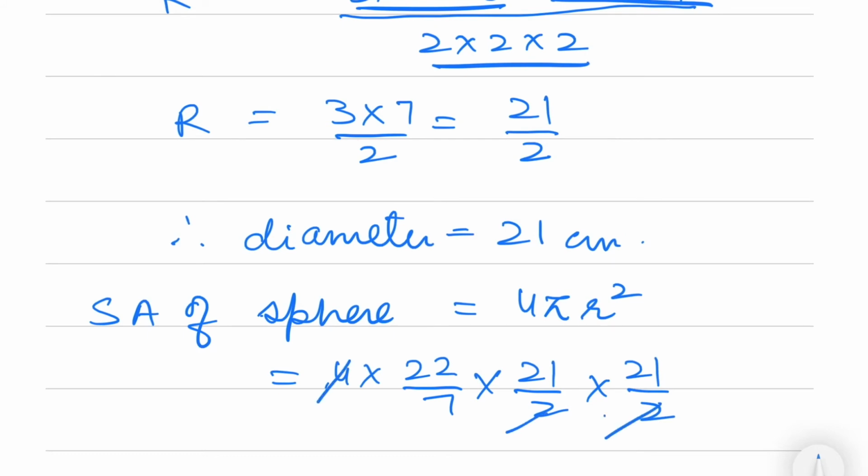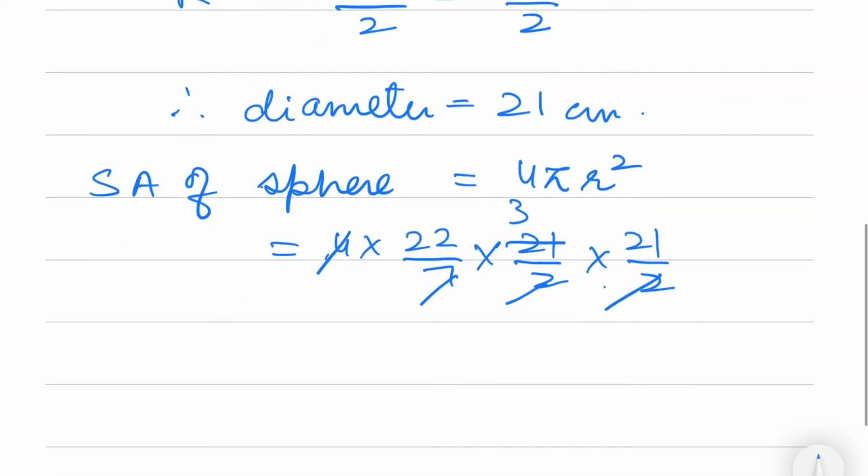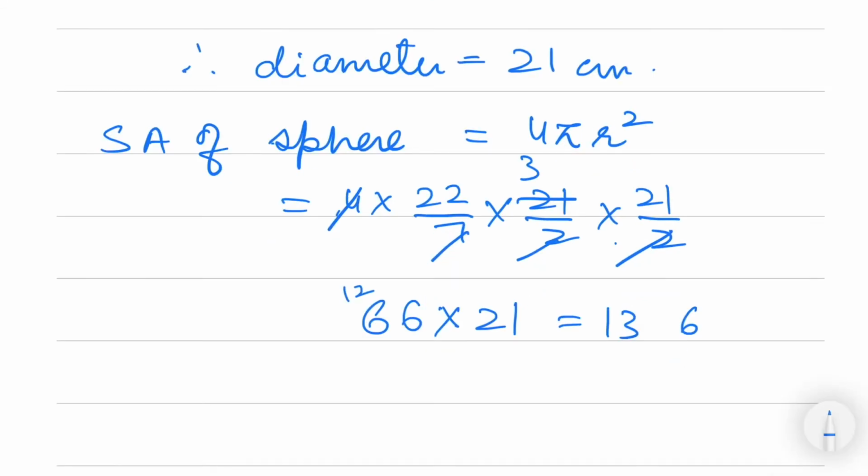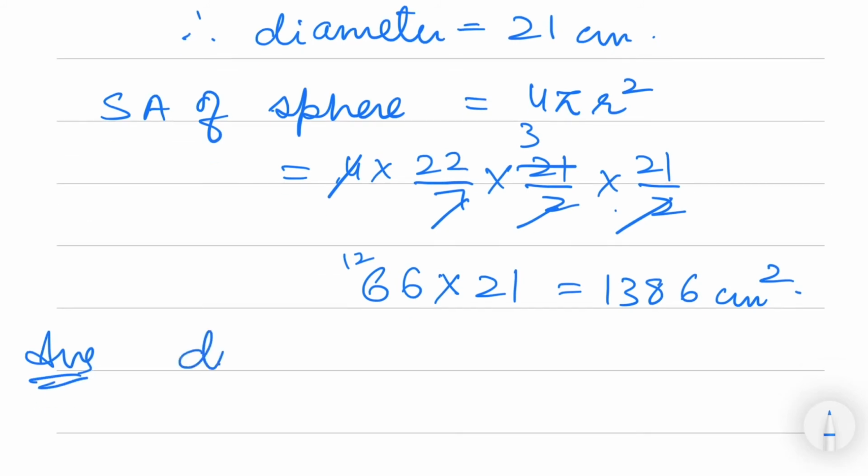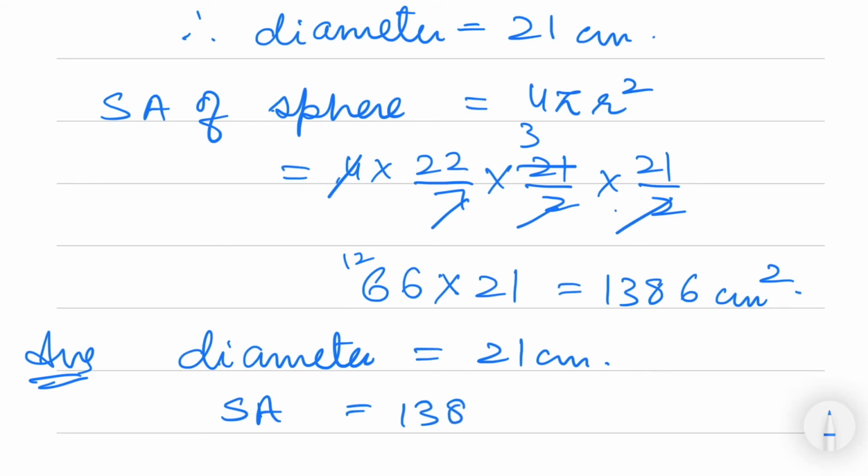So we have these cancelled and this 3. 66 into 21, so we get 1386 centimeter square. So the answer I can write down as diameter is equal to 21 centimeter and surface area is equal to 1386 centimeter square.